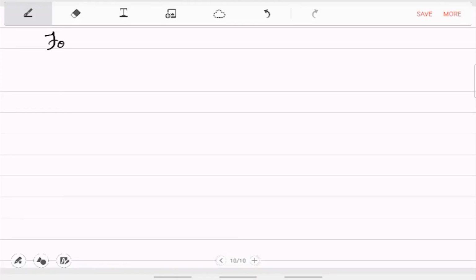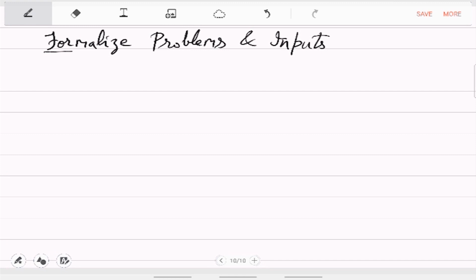Okay, so we have some time left. We can now start the formalization of problems and inputs. So what is a problem and what is an input in computer science, for computers?